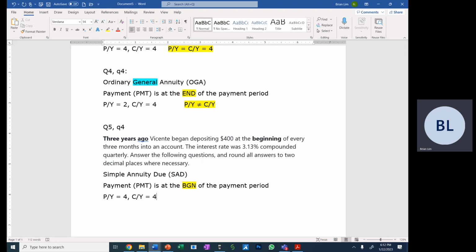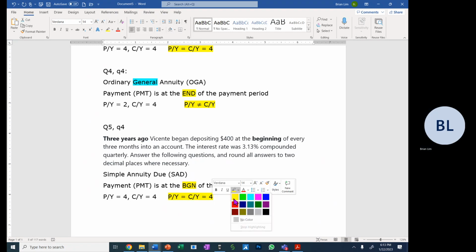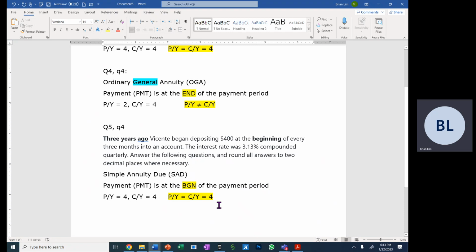Okay, so there we are. So PY is equal to CY in this case. So let's go over here and we can put PY is equal to CY is equal to 4. So there we have it. All right, so we have begin and we have PY and CY are the same.